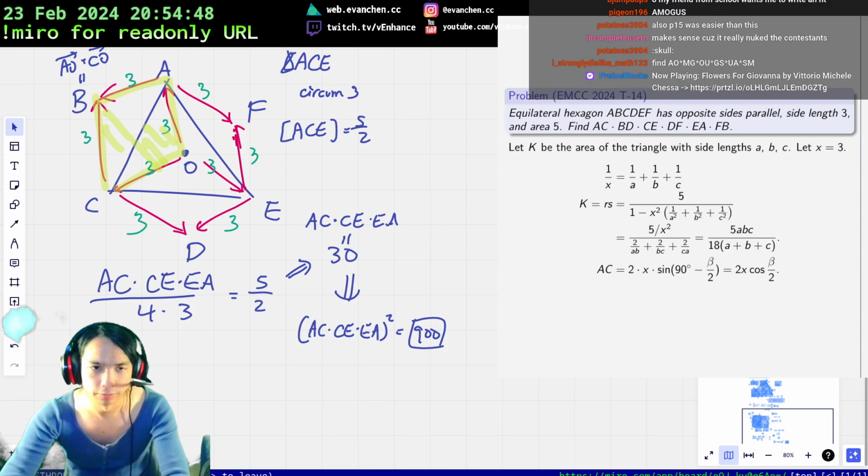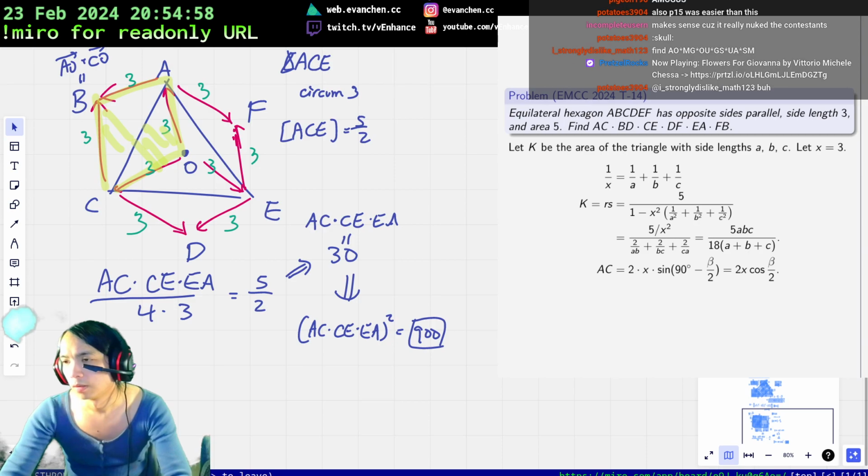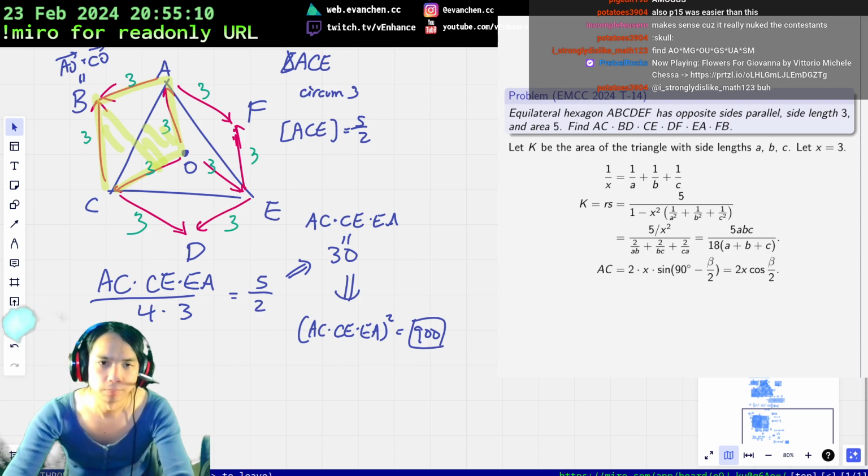Let's use warm colors for this, and then... Why did I not compile?